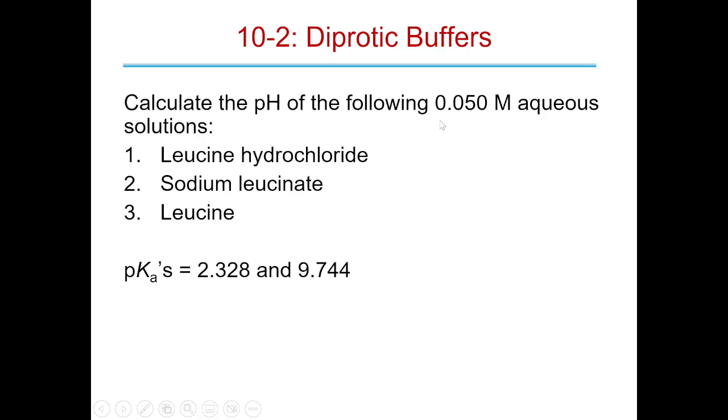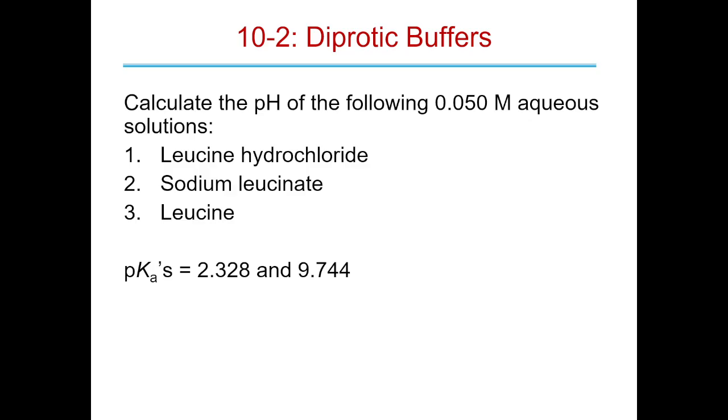So calculate the pH following a 0.05 molarity aqueous solutions: leucine hydrochloride, sodium leucinate, and leucine. Okay, so the hydrochloride version, what do you think that is? Anybody remember that?